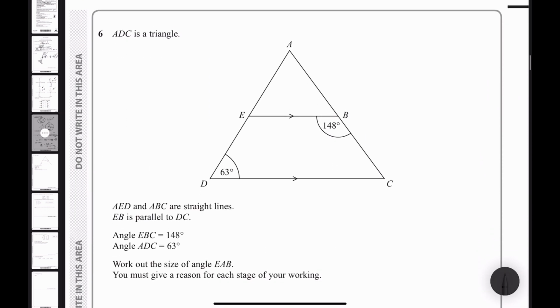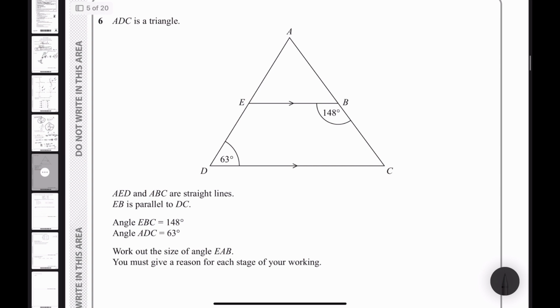Now let's move on to number 6. It says ADC is a triangle. ADC, there you go. That's a triangle, and AED and ABC are straight lines. Okay, EB is parallel to DC.